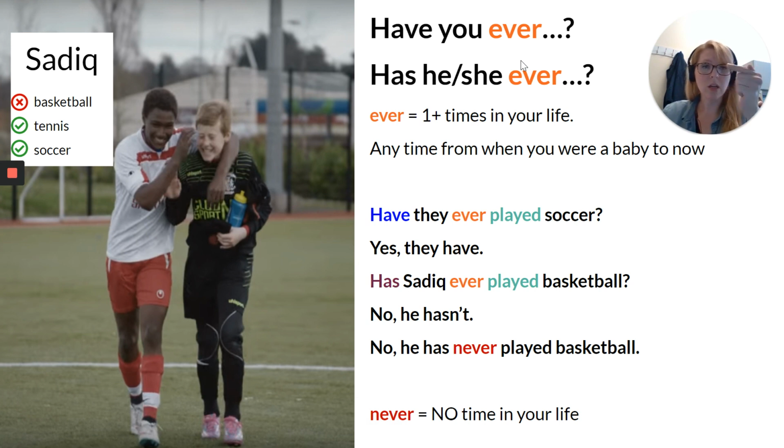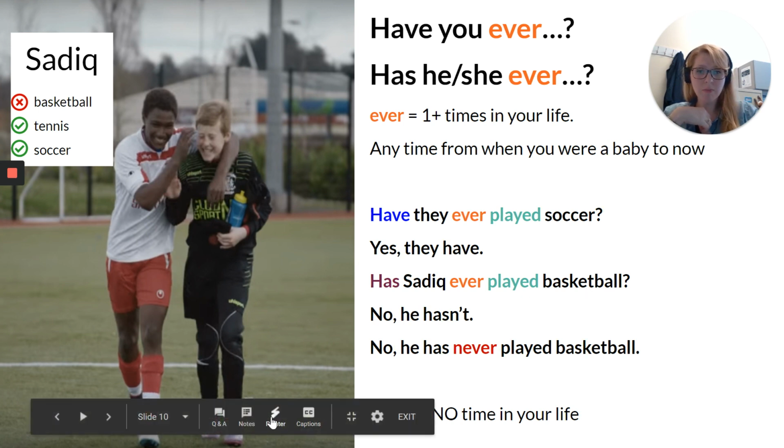So again, we're going to look at the picture of Sadiq. We see they are outside, they are playing sports, probably playing soccer. So the question, have they ever played soccer? We would say, yes, they have. But if we ask, has Sadiq ever played basketball?